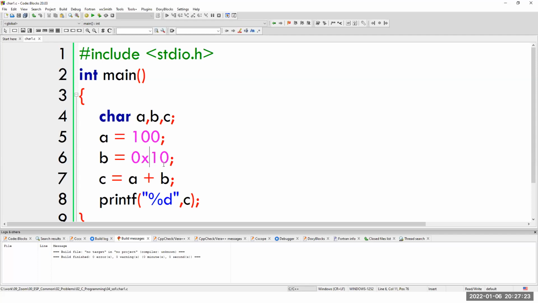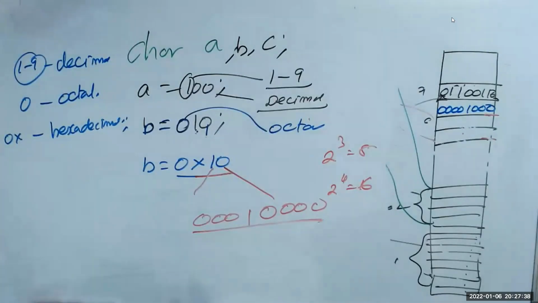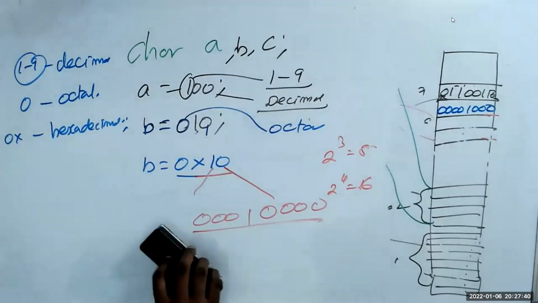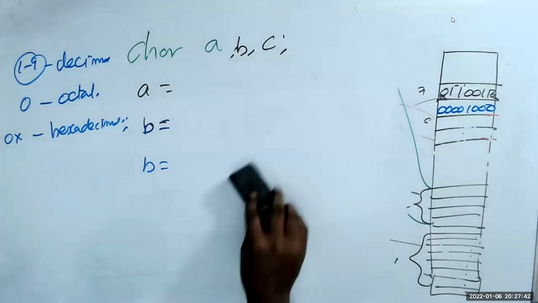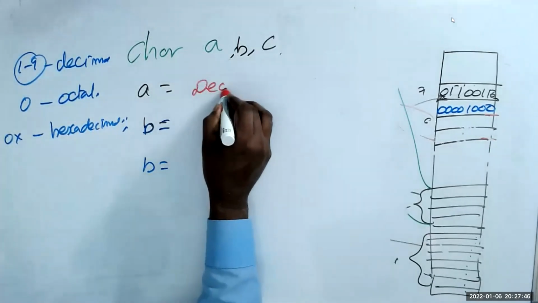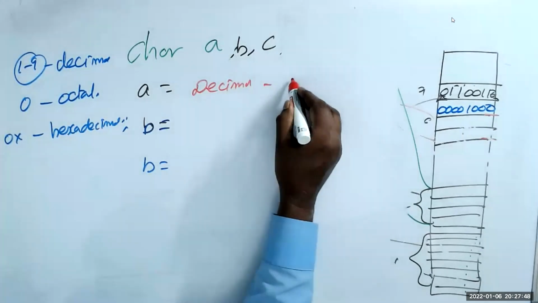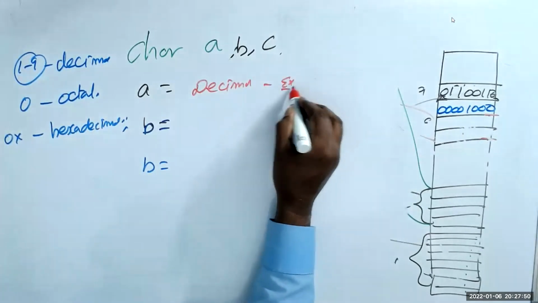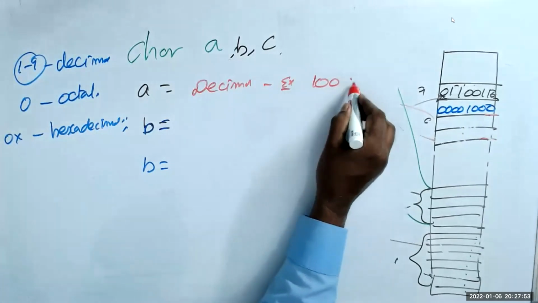please understand, left hand side is binary, right hand side is anything it can be. That is what all the types of assignments are. The right hand side could be decimal, for example 100 or 10.